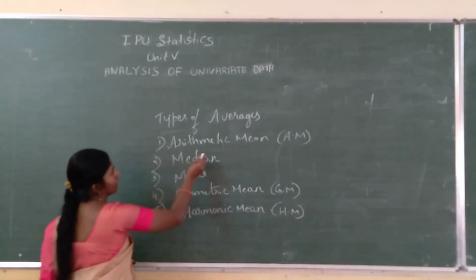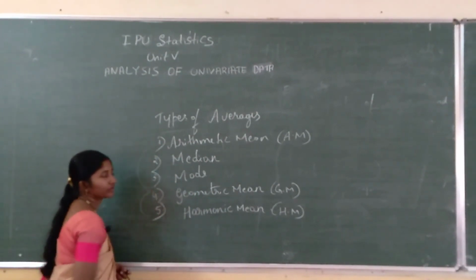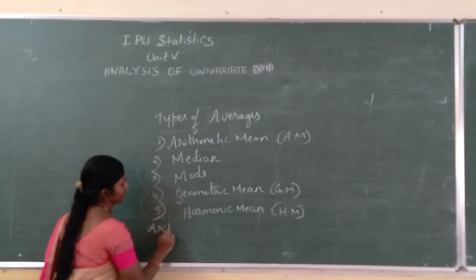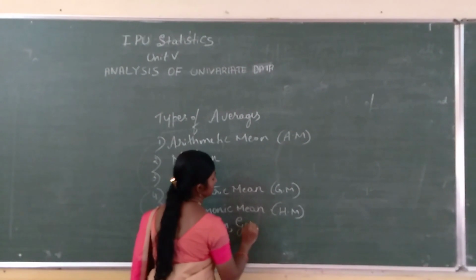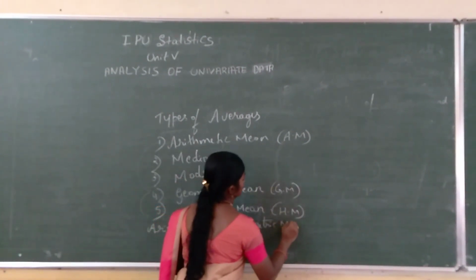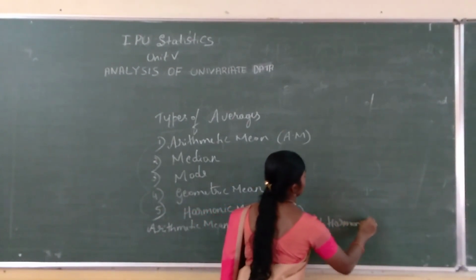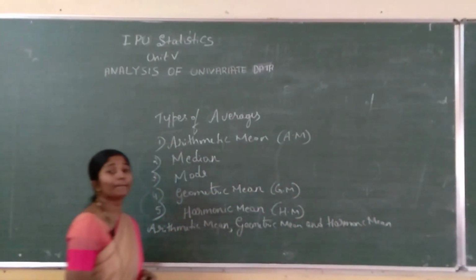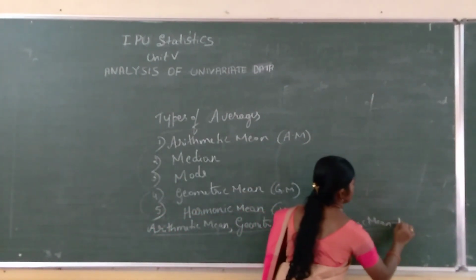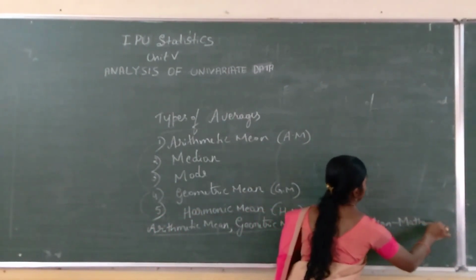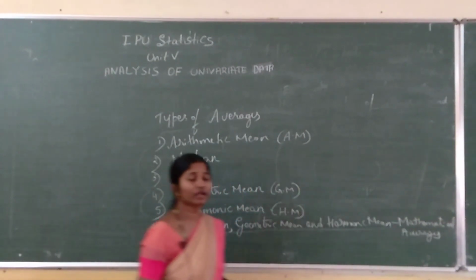Here, arithmetic mean, geometric mean and harmonic mean, these three are mathematical averages.